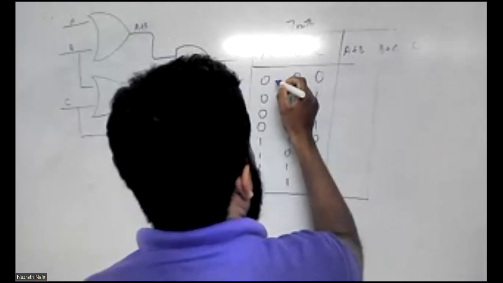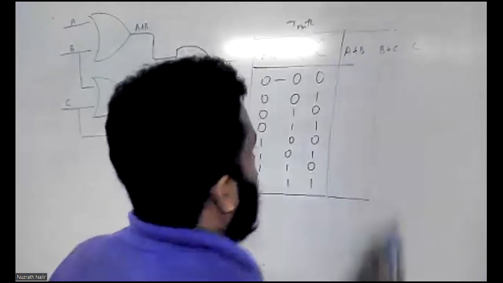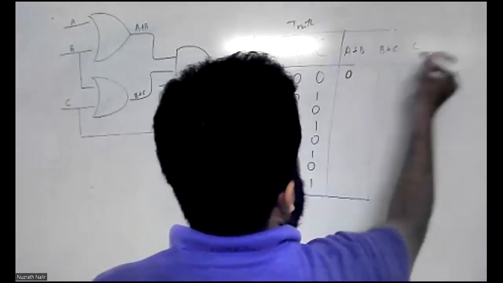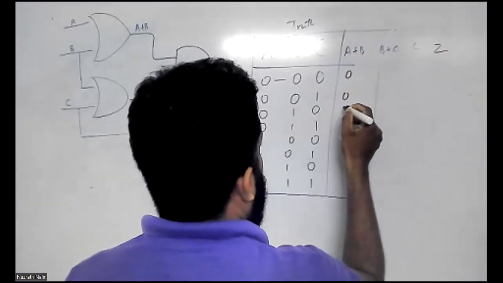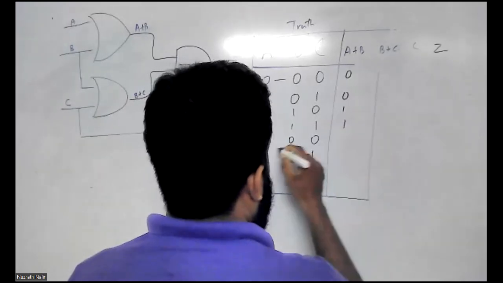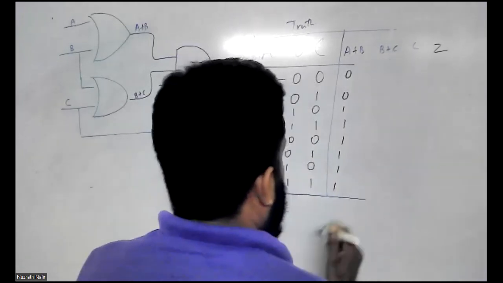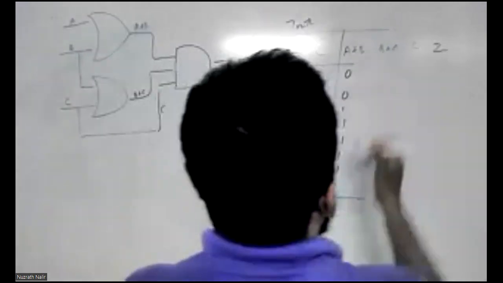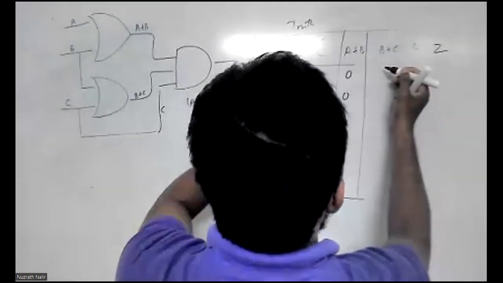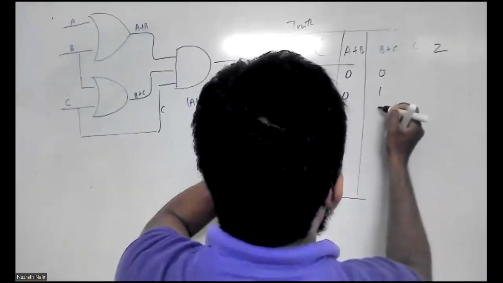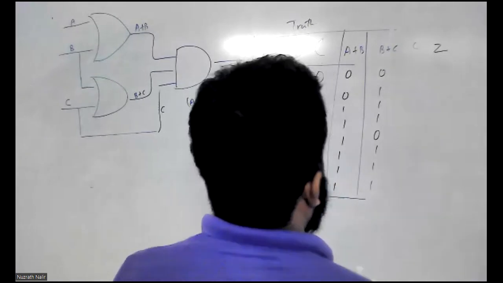So A plus B is equal to 0 plus 0 is equal to 0, and so on: 0, 0, 1, 1, 1, 1, 1, 1. B plus C next: 0, 1, 1, 1, 0, 1, 1, 1.